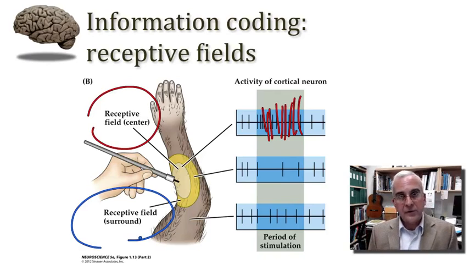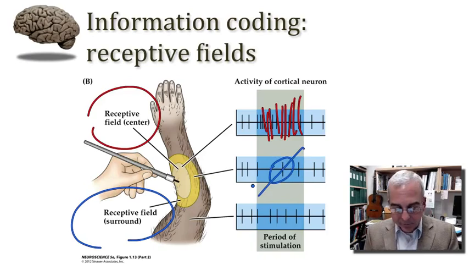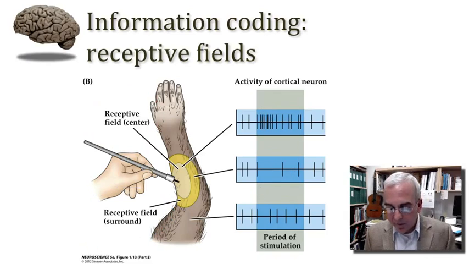And the physiology of the center-surround interaction is antagonistic. That is, if the center of the receptive field leads to an increase in firing, then activation of the surrounding annulus typically leads to a decrement in firing, which is what we find for the patch of skin surrounding this particular receptive field on the skin for this cortical neuron in question.